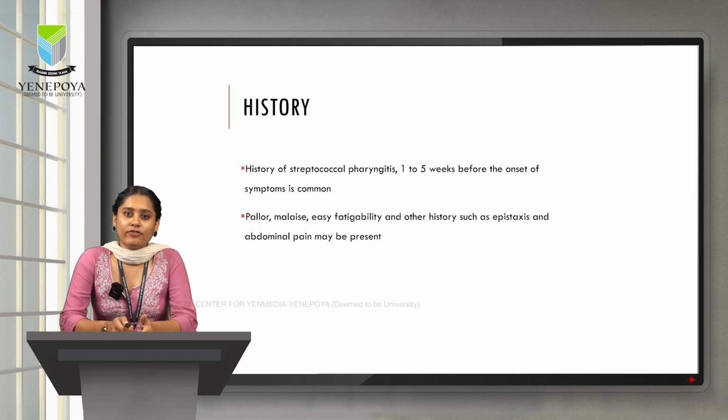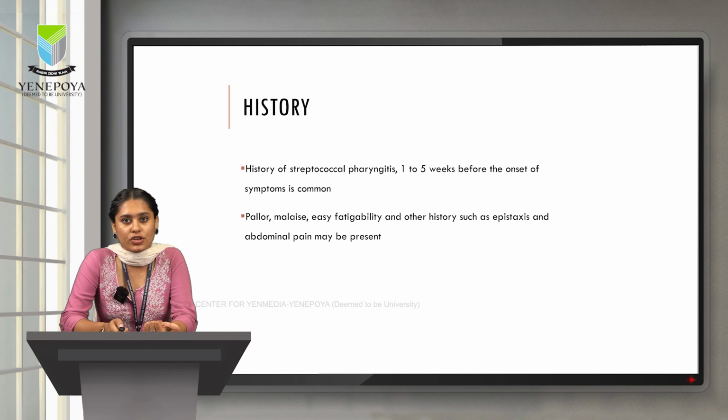So first, before getting into the actual Jones criteria, you should also see what is the history of that patient. I have already told you family history plays a very important role. So a history of streptococcal pharyngitis, especially 1 to 5 weeks before the onset of the symptoms, is very common. So you have to ask and find out if the patient had any previous history of streptococcal pharyngitis.